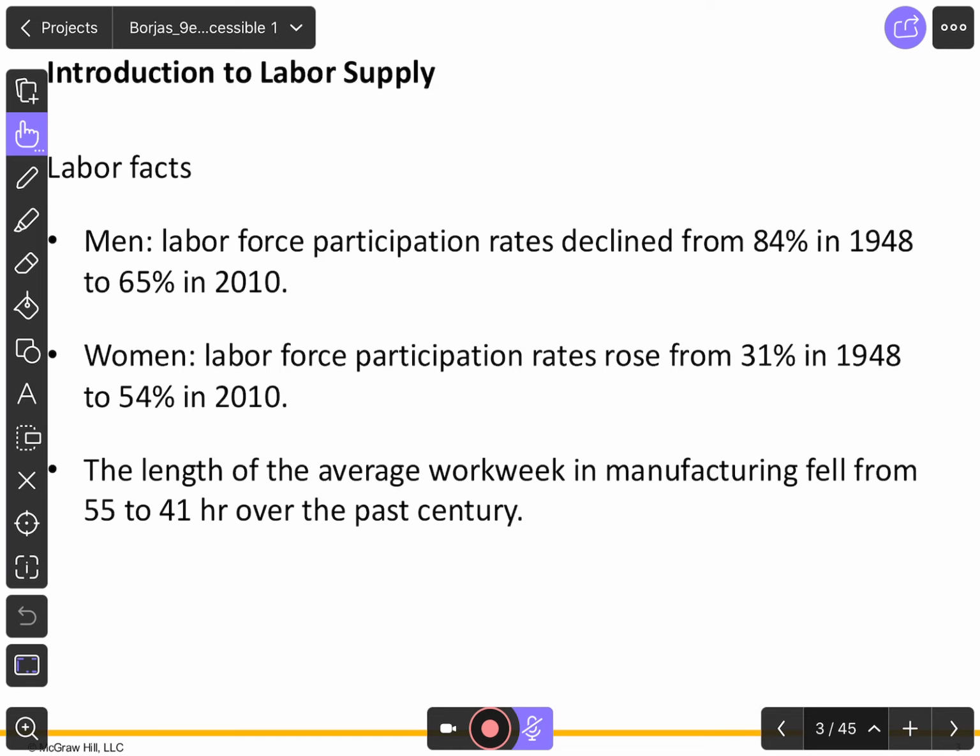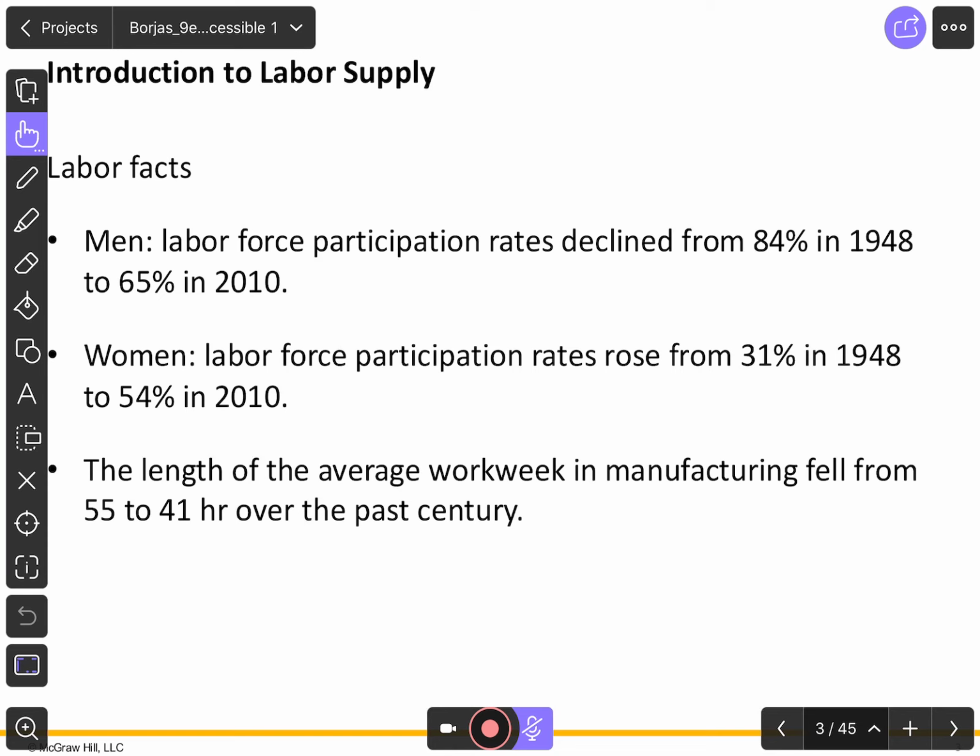And as I mentioned in our previous video, you will need to check the website of the Bureau of Labor Statistics to know about the latest statistics about the labor market.